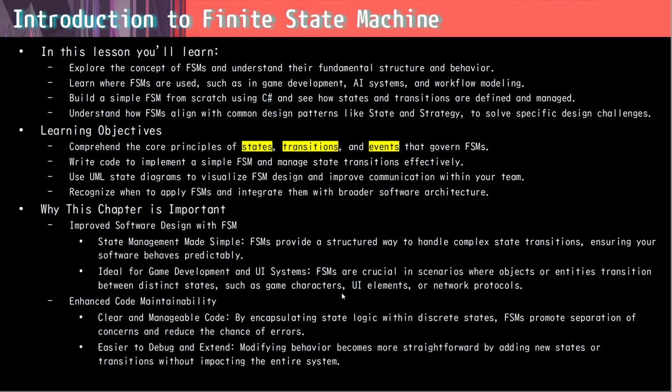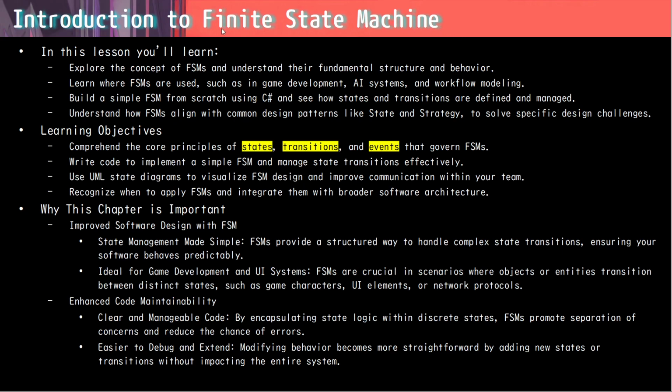All right, so today we're going to introduce the idea of finite state machine, in short, FSM. It's a very, very famous design pattern which is utilized in game development. If you are going to be a professional game developer, you have to know what a finite state machine is.